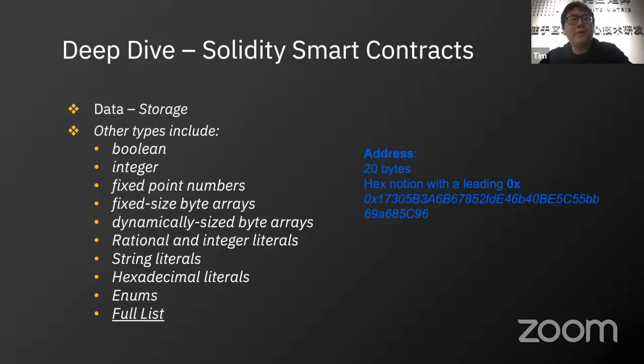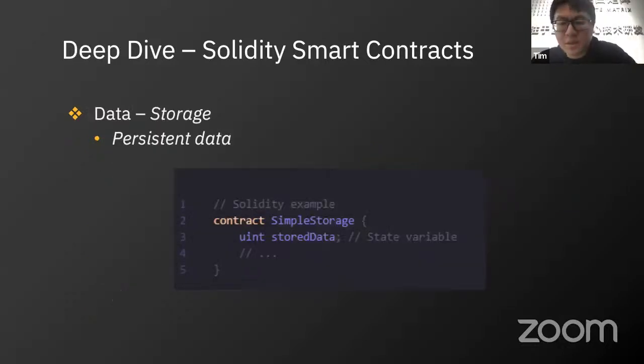I think there's another type, that is memory, right? If you don't want to persist the data onto the blockchain, you just want to use the data or variable for the computation, it's basically an intermediate variable, then you just use memory.